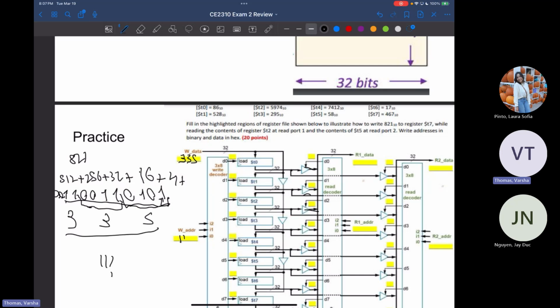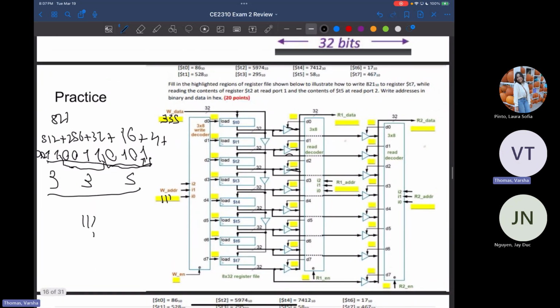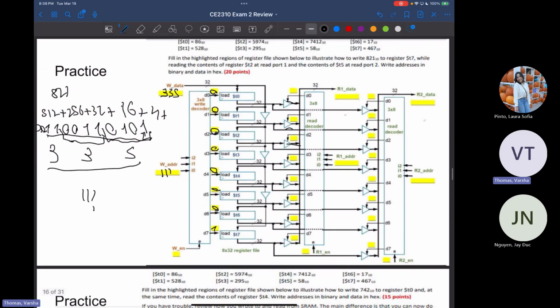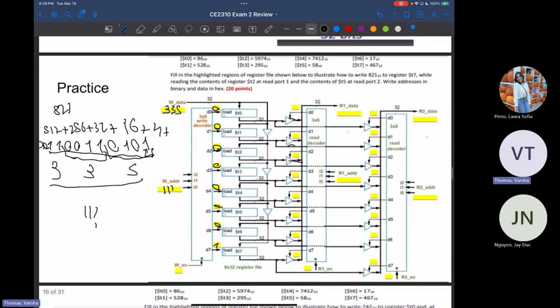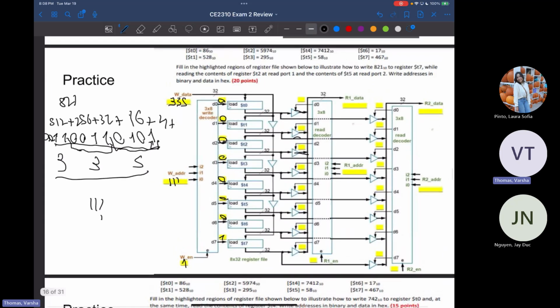So we're gonna write 1, 1, 1 for W address, and we're gonna write zeros for these, except for D7, which is what we're writing to. And our write enable should be 1.